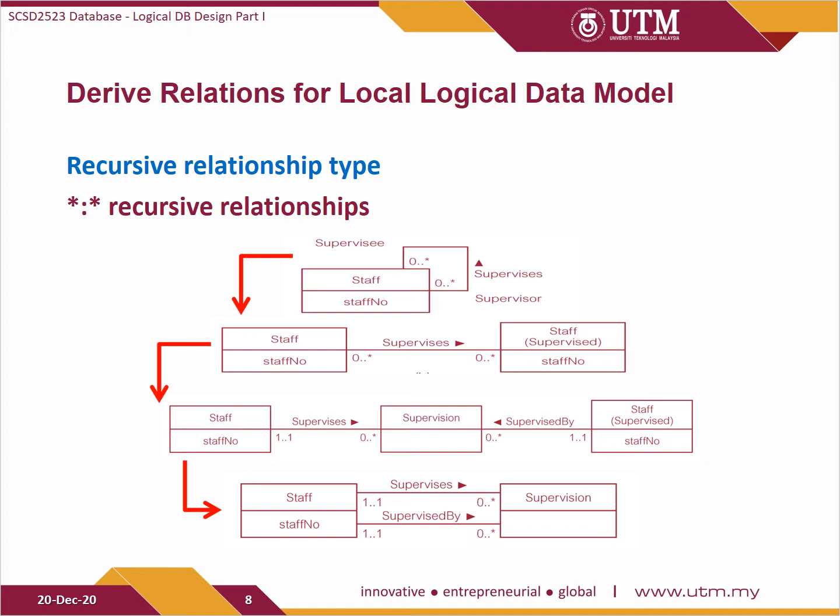So in the end, you will have two entities here, staff and supervision. Staff with the attribute of staff node, supervise, supervision, and then another relationship, supervised by, the supervision. Okay, so this is the example of a many-to-many recursive relationship.